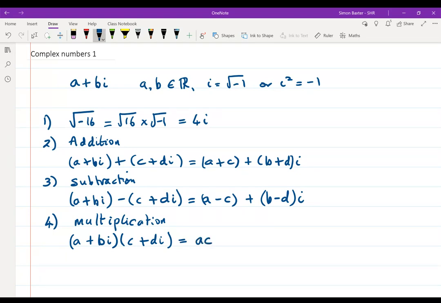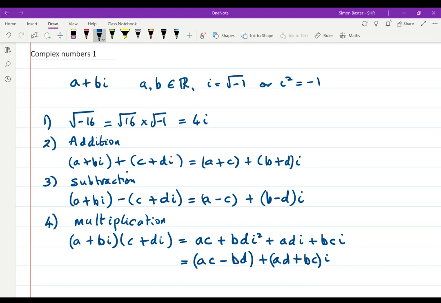and if we take the last pair, bi times di is bd i squared, plus, then if we take the outside pair, we get ad i, and the inside pair, we get bc i, which is ac minus bd, because i squared is -1, plus ad plus bc times i.